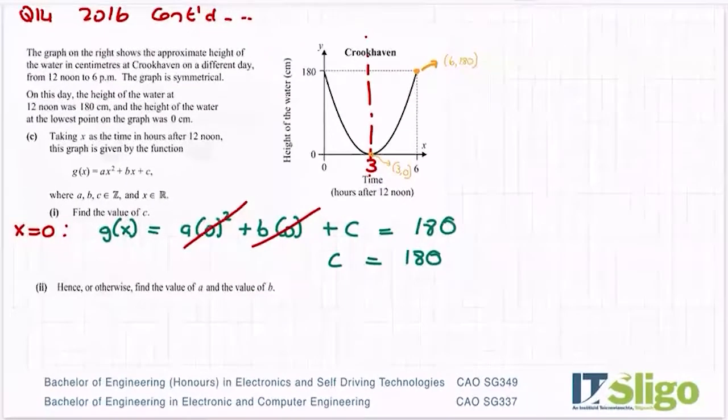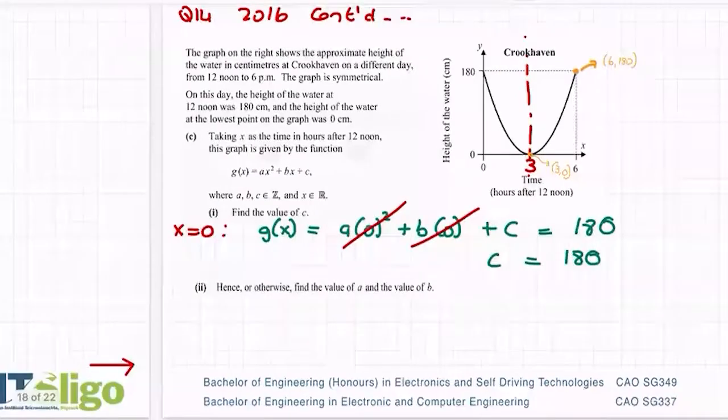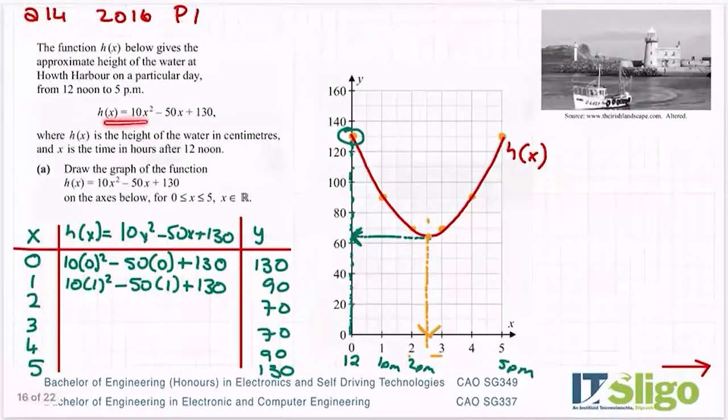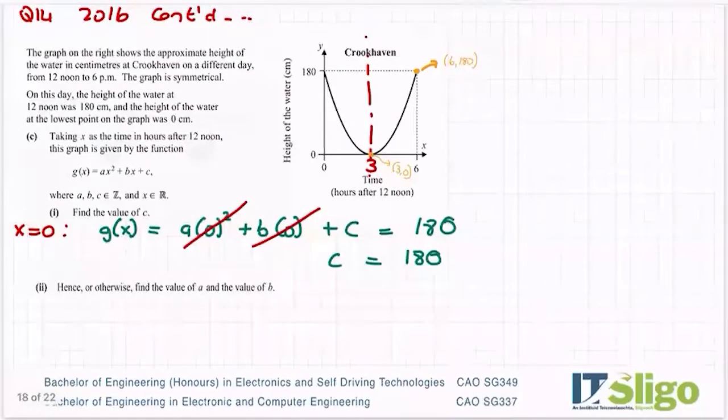And if you sub in 2 points like we're going to do now and solve simultaneously, you'll find the actual function that describes the curve. Okay, so let's do it. I'm going to take that first point, (3, 0).